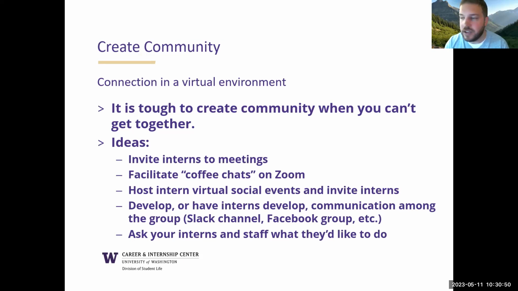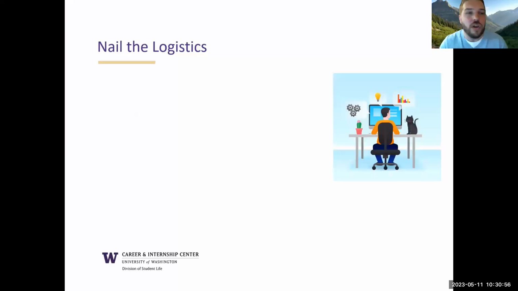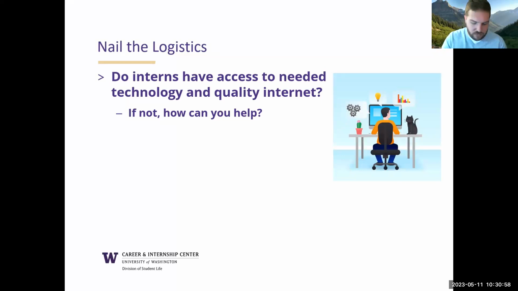All right, we have one last tip, and then we'll get into our wrap up, which is nailing the logistics of the internship. So essentially what this means is being on top of the things that an intern needs to be successful in a remote environment. Because there's never a good experience if it feels like your employer's not ready for you or not prepared for you to do the work.